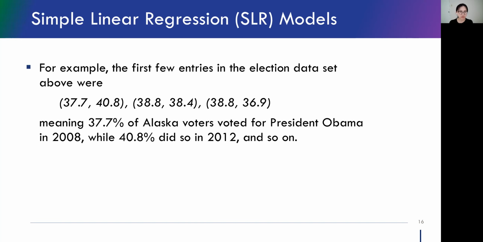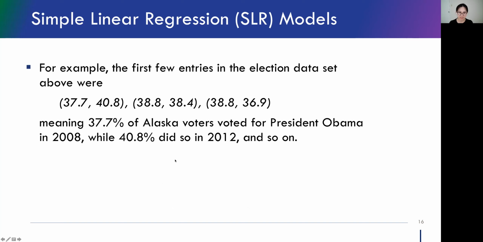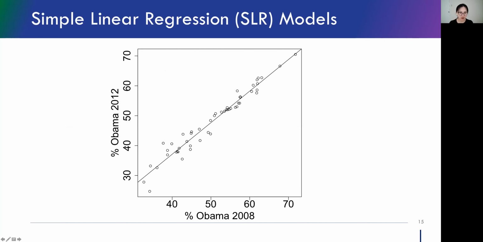Well, in the previous example, the first few entries in the election data set would be like this. It's hard to read the numbers from the plot, but I just put them here to give you an idea how we defined x1, y1, x2, y2.